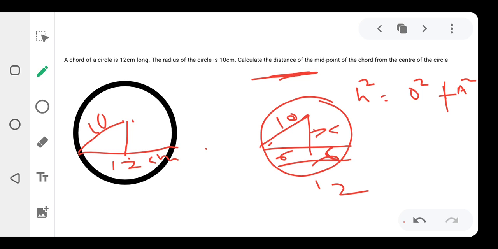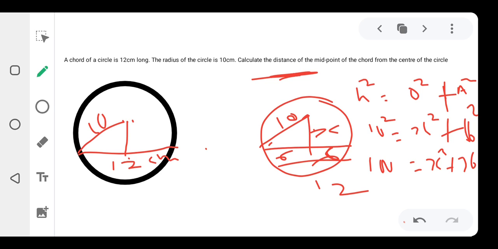So the hypotenuse here is the 10, right? So we say 10 square is equal to x square plus one of the sides, which is 6 square. So in that case you have 100. 10 square is 10 times 10, which is 100, which is equal to x square plus 36. Alright?